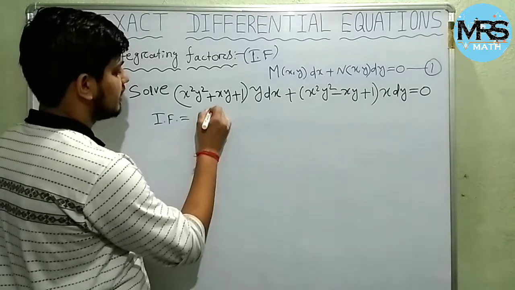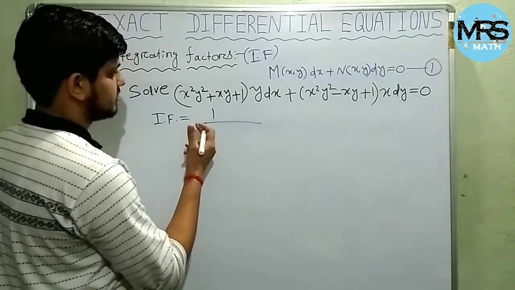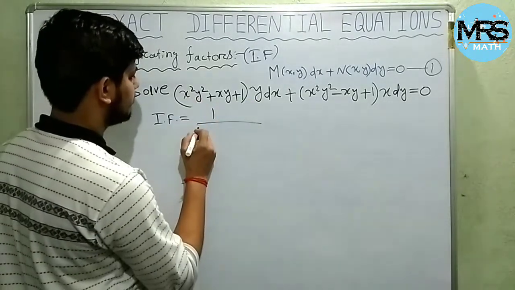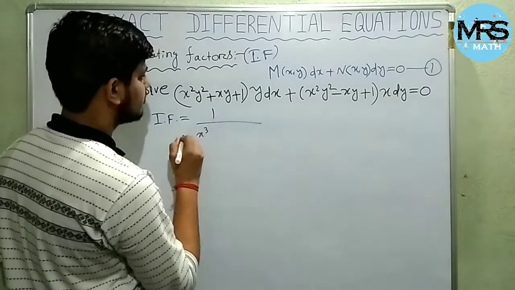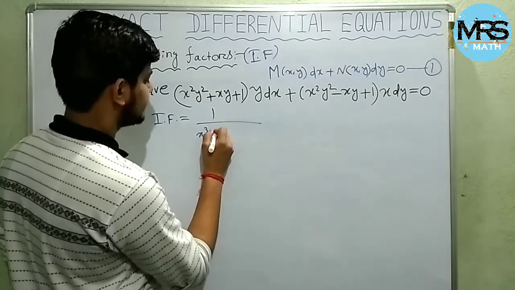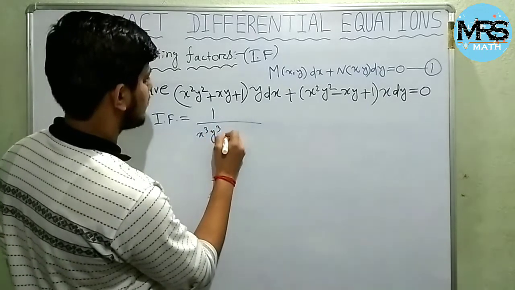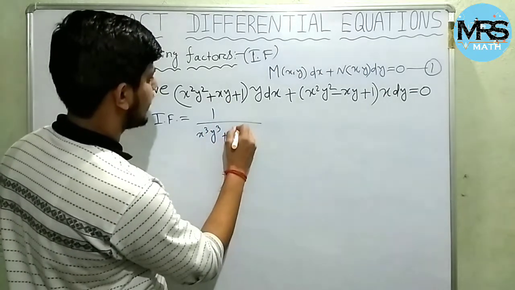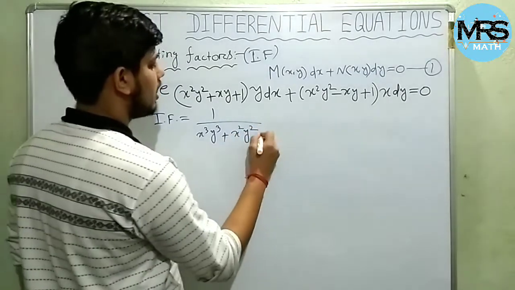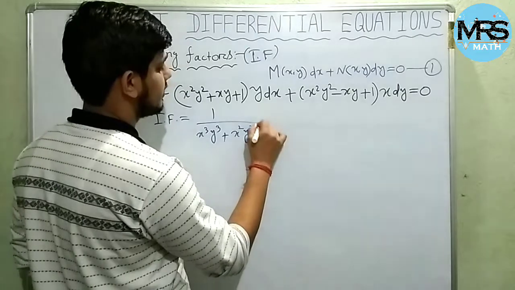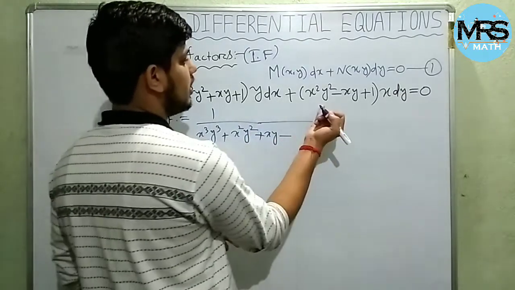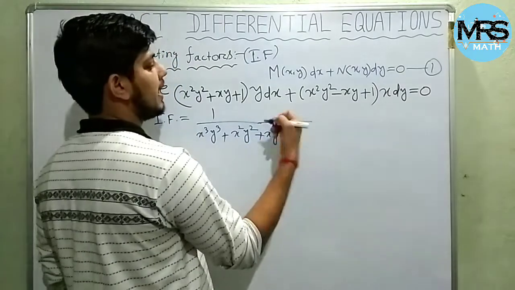So that is 1 over mx, so that will be your x cube, y cube, plus x square y square, plus xy, minus here it will be mx minus ny.